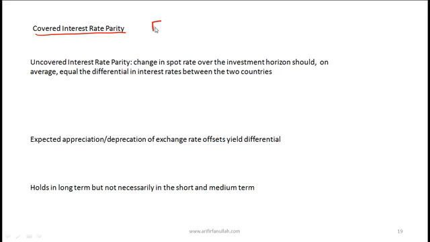As a quick recap, the forward rate is equal to the spot rate times 1 plus interest rate in the price currency divided by 1 plus interest rate in the base currency, and then we obviously adjust for days divided by 365 or 360 depending on the convention, and the same thing in the denominator. We've already studied this, so won't spend too much time on it again. So remember, covered interest rate parity helps us determine the forward rate.